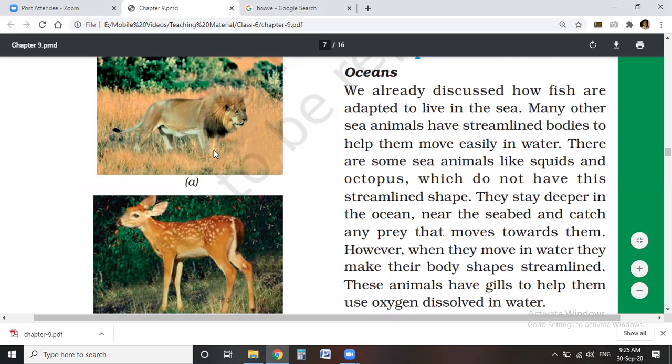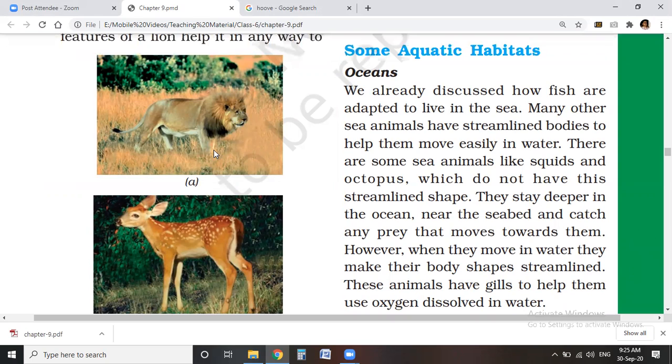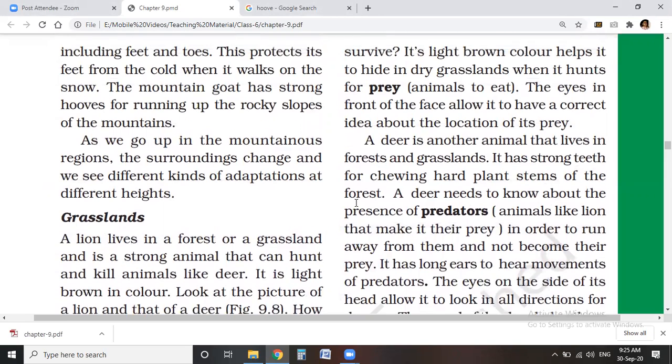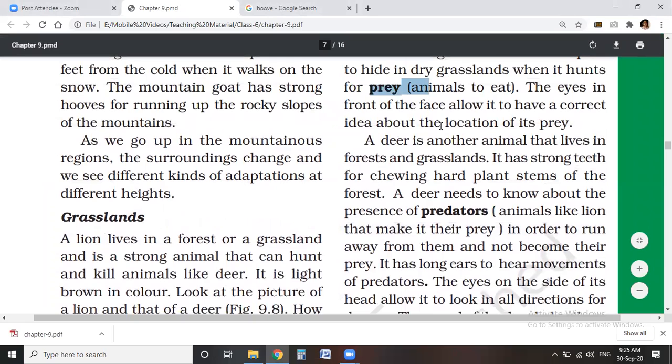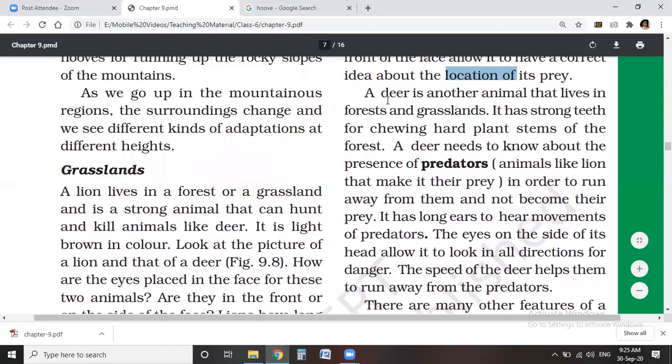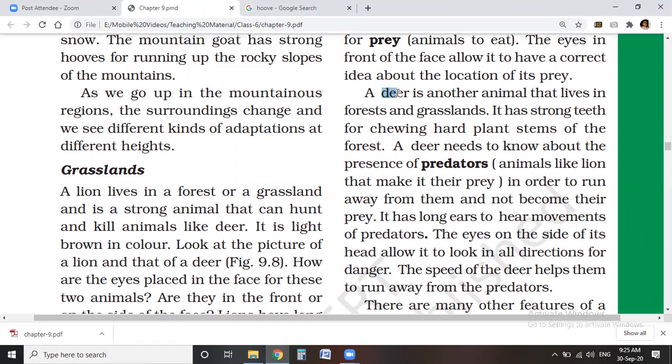So we discussed prey and predator. The lion has front eyes to locate its prey, and on the other hand, the deer has eyes on both sides of the head to protect itself from predators.